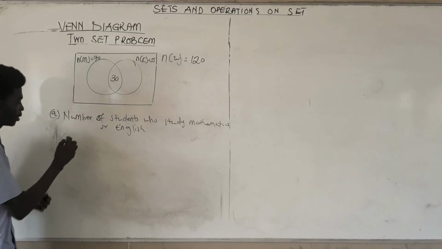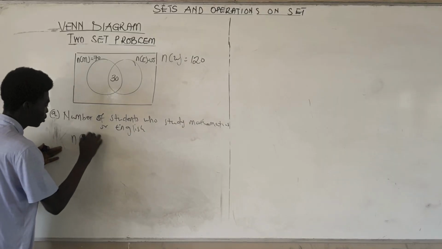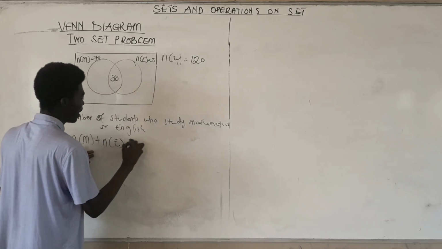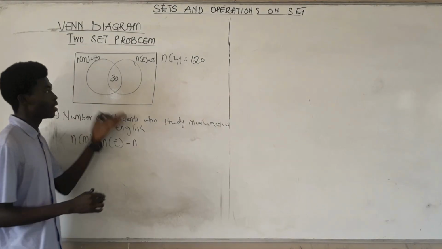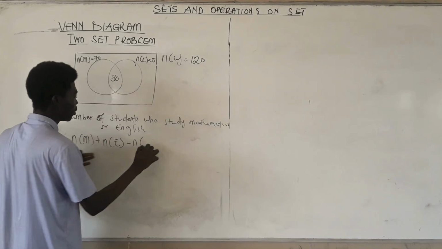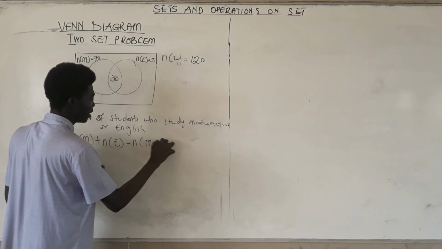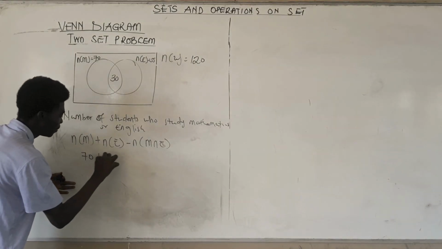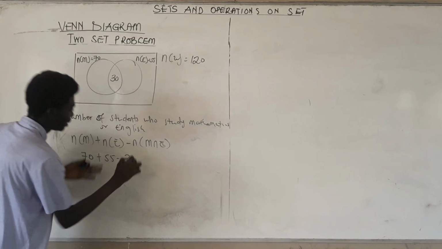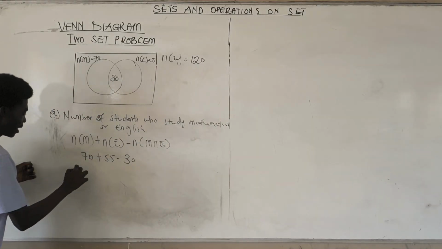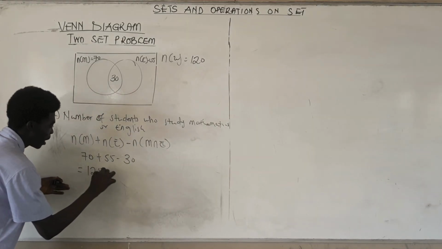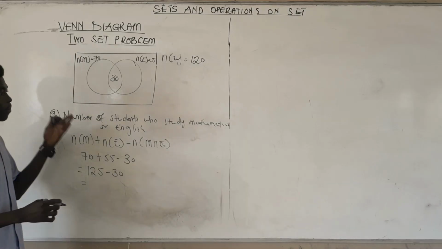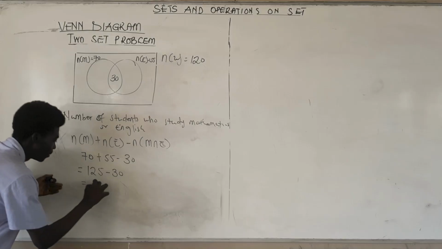That is going to be number of students who study mathematics plus the number of students who study English minus the number of students who study both mathematics and English. That is maths intersection English. So we have 70 plus 55 minus 30, right? That is going to be 125 minus 30. So the number of students who study mathematics or English is going to be 95.